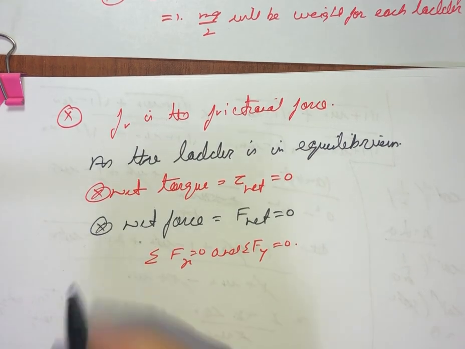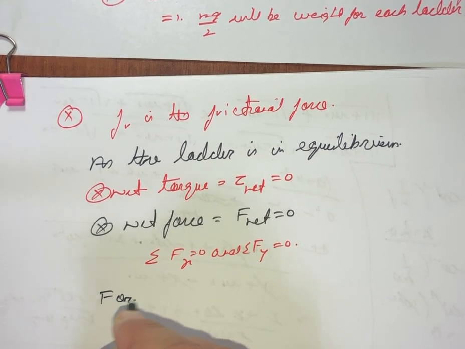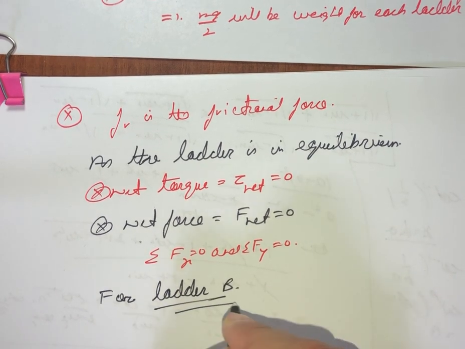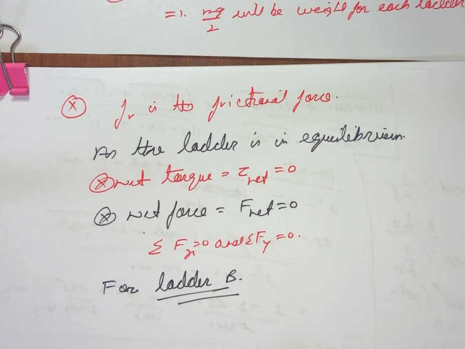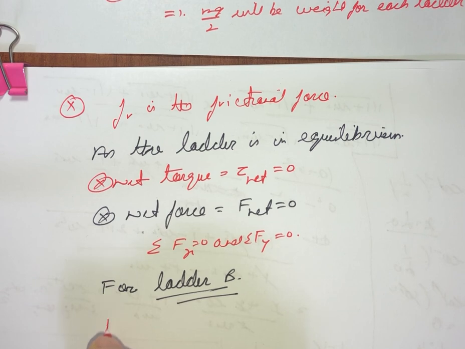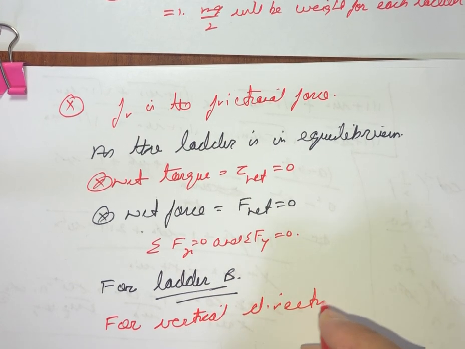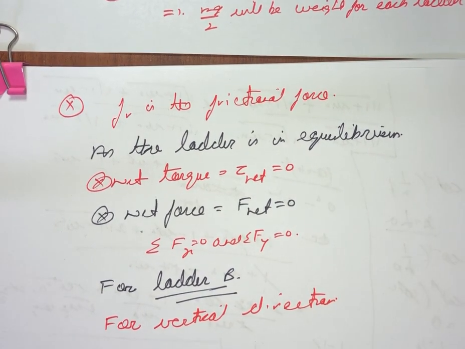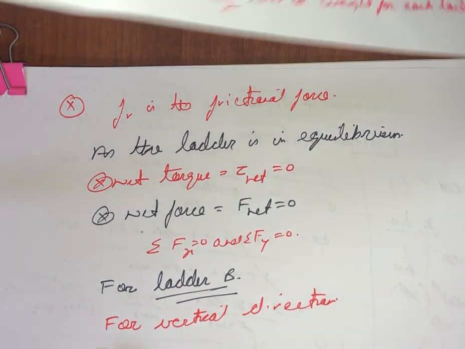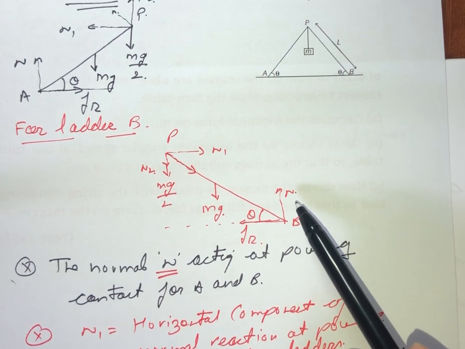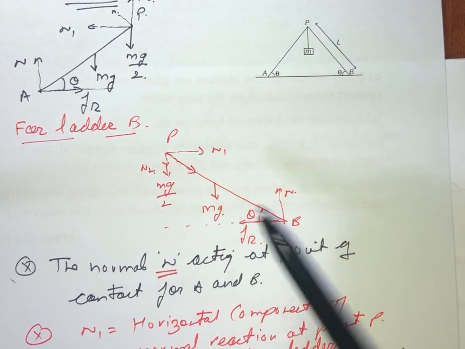For ladder B, let us consider all the vertical forces. In the vertical direction, in the upward direction we have N, and in the downward direction we have N2, mg by 2 and mg.